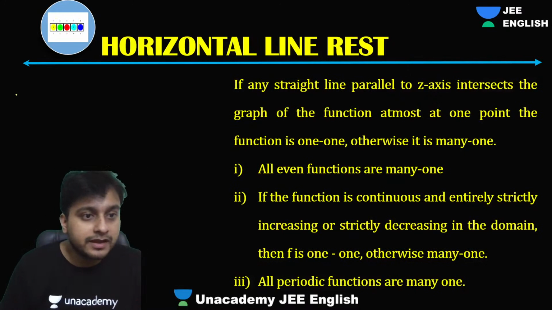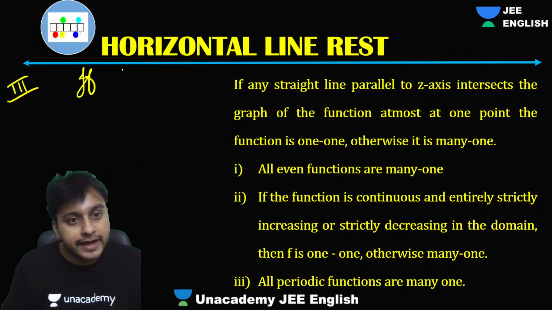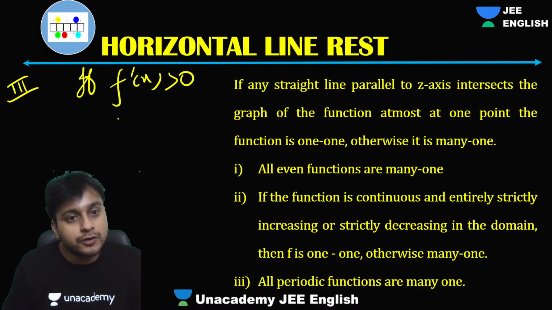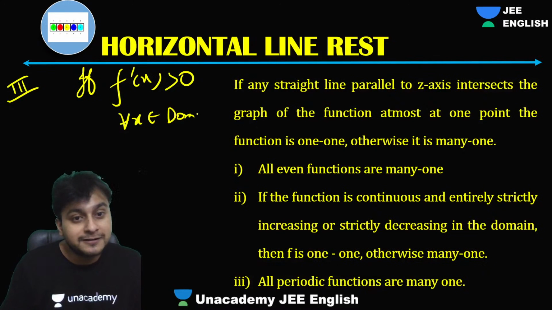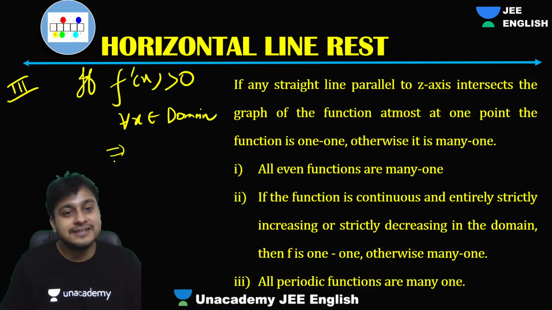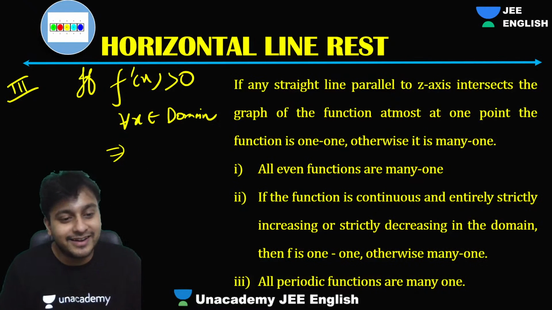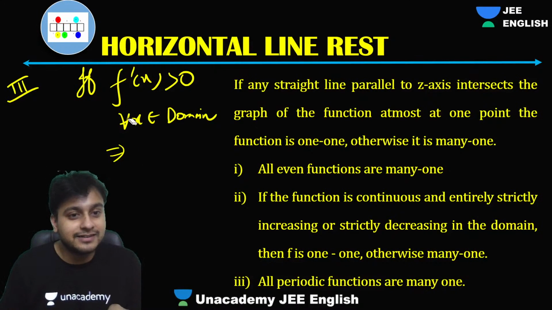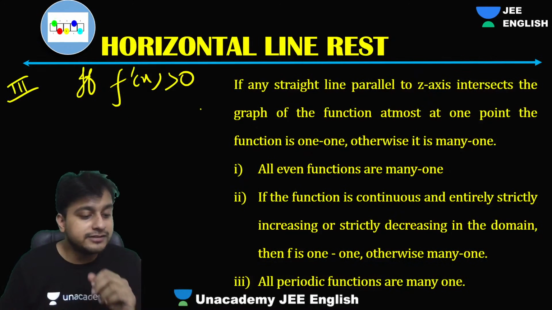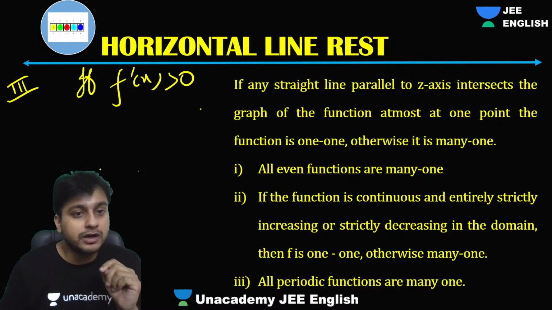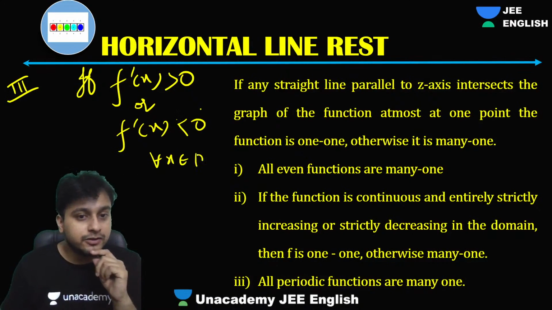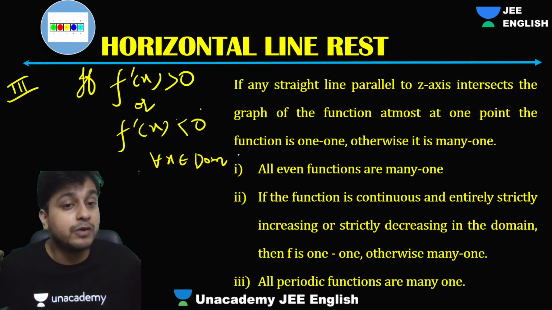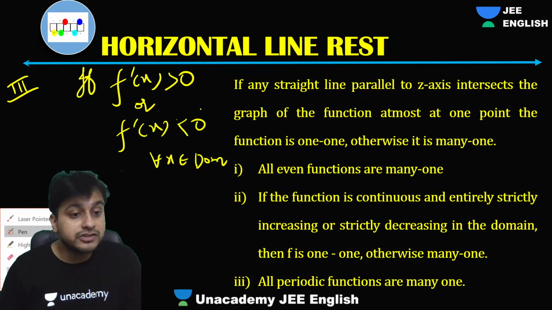The third method is: if f dash of x is greater than 0 for all x belonging to the domain, we say it is one-one. Or if f dash of x is less than 0 for all x belonging to the domain, we say it is a one-one function. How?